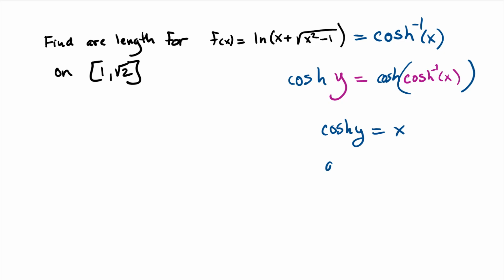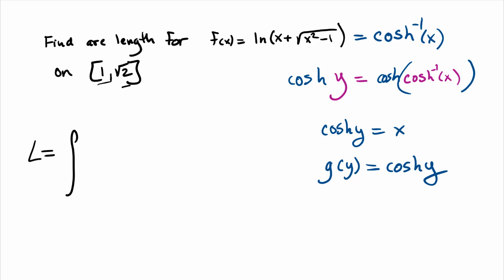So we could call it some g of y is equal to hyperbolic cosine of y. Ooh, there we go. So let's think about our arc length. Oh, we changed it to y, so we can't choose these. Oh, well, we'll be all right.